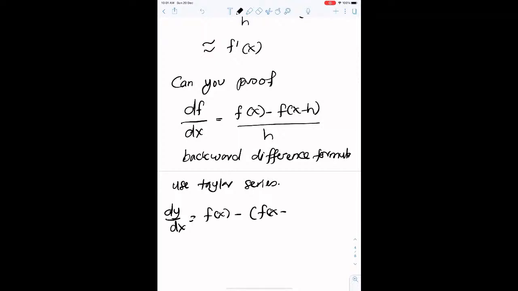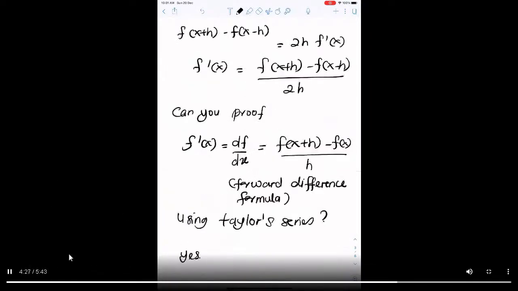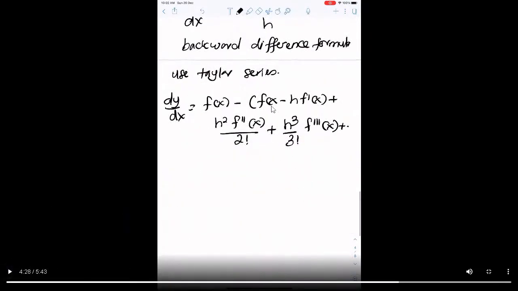Now let's replace. In 5.2 you can see f(x-h). In the Taylor series you get f(x) minus h f'(x) plus h squared f''(x) divided by 2 factorial minus h power 3 divided by 3 factorial f'''(x) plus h power 4 divided by 4 factorial f''''(x).